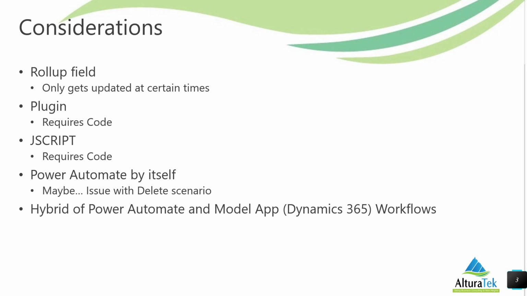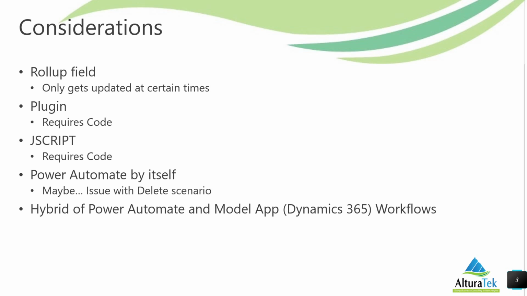Now there are workarounds around that. There's a workflow toolbox out there that would allow you to run a regular workflow and trigger that roll-up calculation a lot quicker. But then again, you're using the older platform instead of the new Power Automate. So we want to show you how to do this with Power Automate.